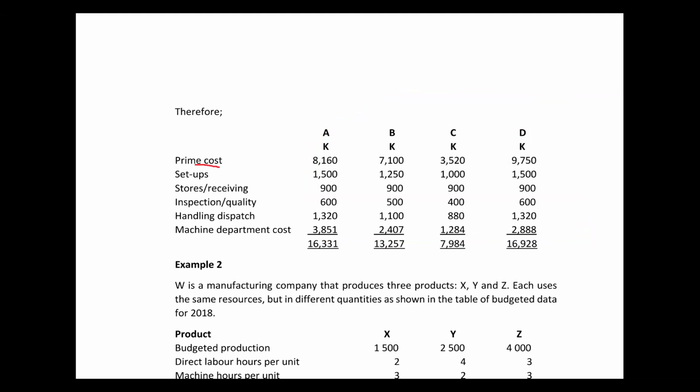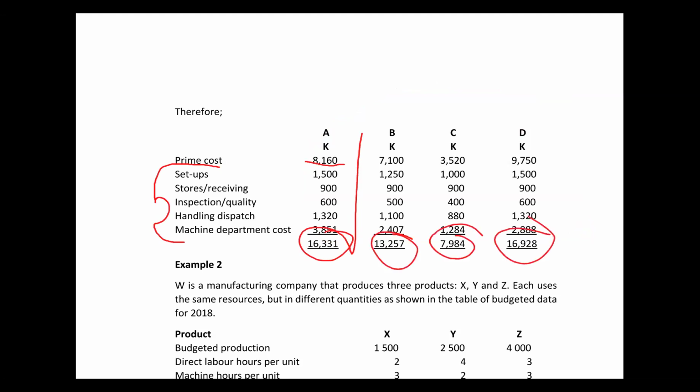So now, once we have done the cost for the machining department, it is very easy. You would have allocated all the overhead costs using activity-based costing, then add to the prime cost. In short, this is the total cost. If you want total cost per unit, divide by the number of units produced.